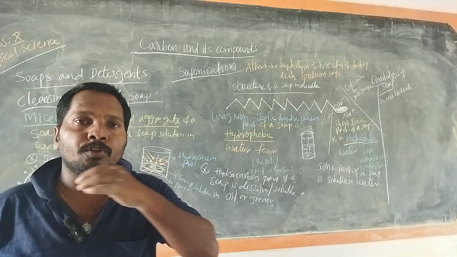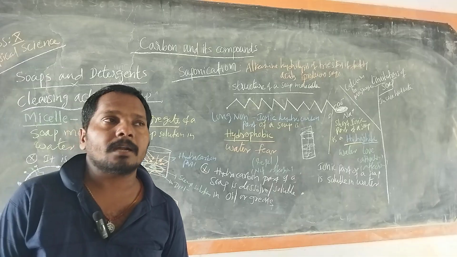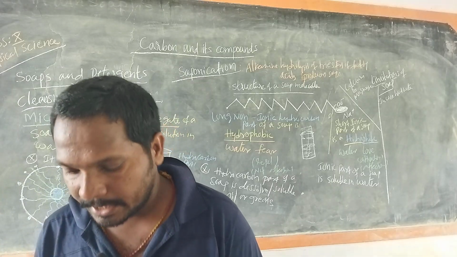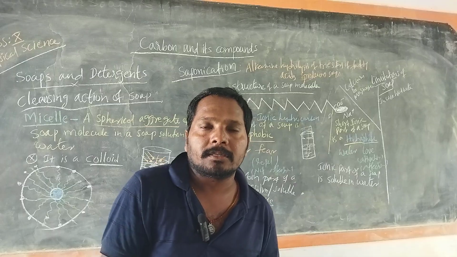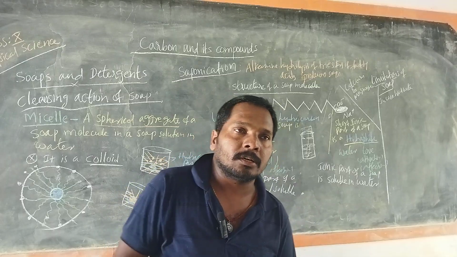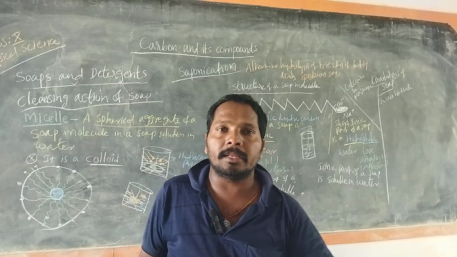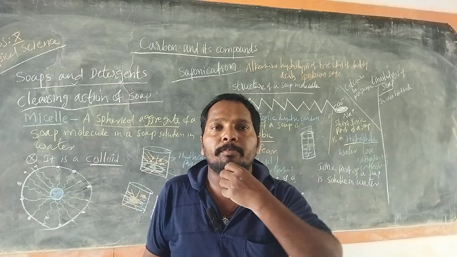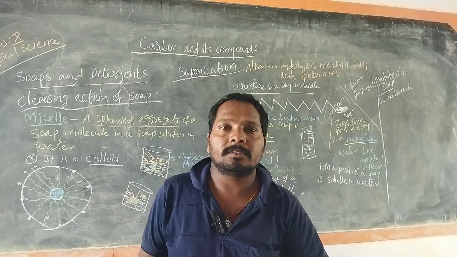When we use soap in hard water, a large amount of soap is wasted, because the soap is reacting with the calcium and magnesium salts which are present in the hard water.